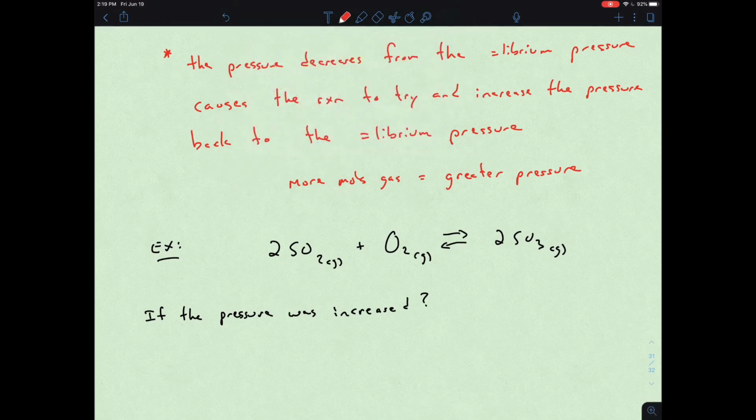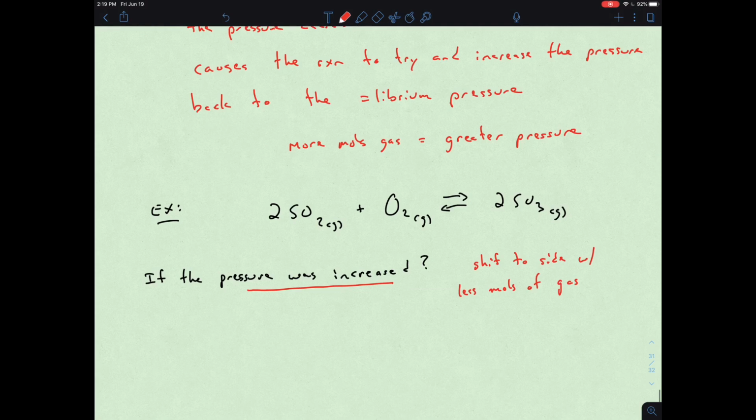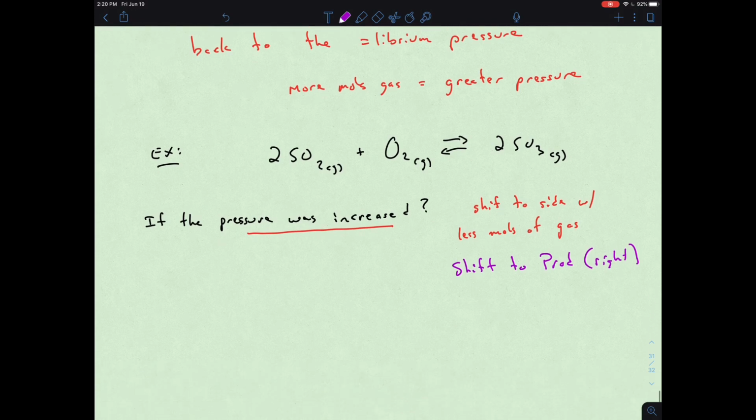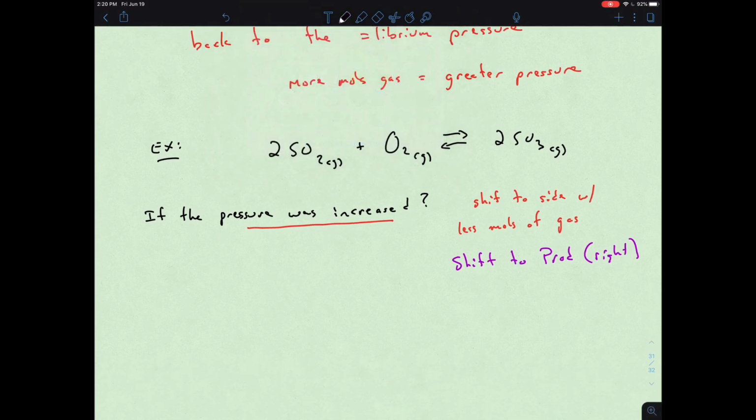So if we have our increase in pressure, we want to shift to the side with less moles of gas. And if we look at our stoichiometry, we would see that the reaction would shift to products, or to the right. You could also say the volume was increased.